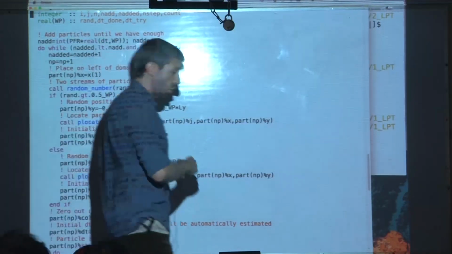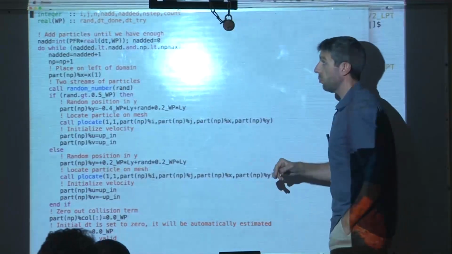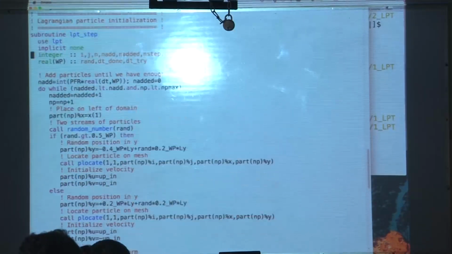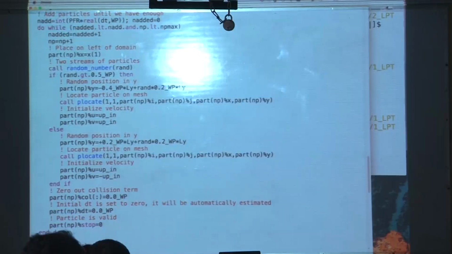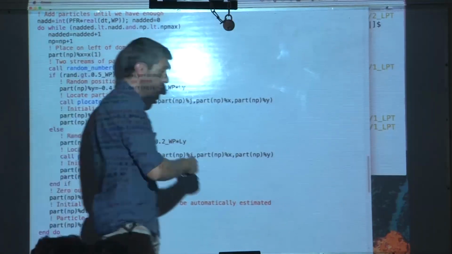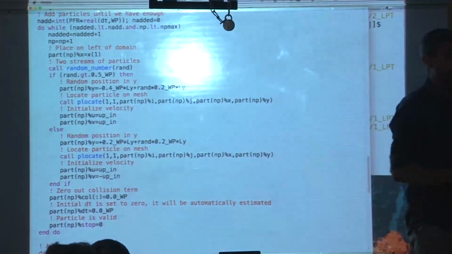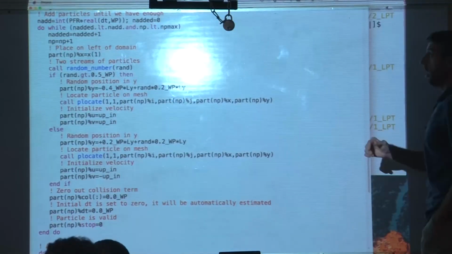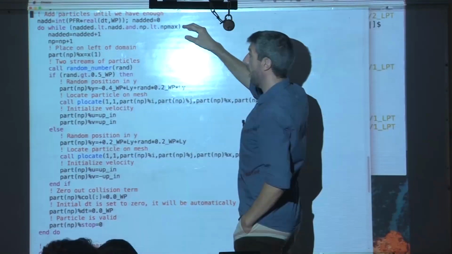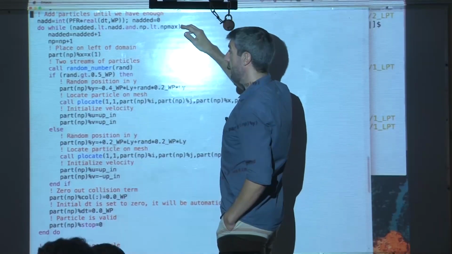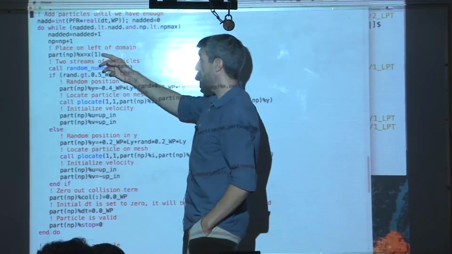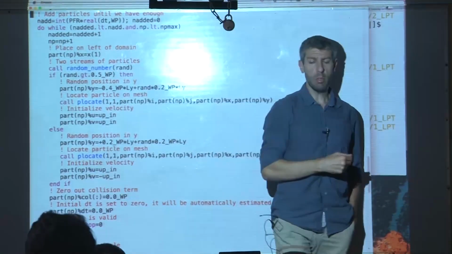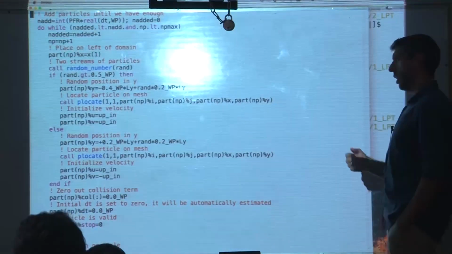This is the chunk of code in the LPT step, where at each time step we add particles until we've reached a sufficient number of particles. This is the do while where we keep adding until we've added enough. The particles will still be introduced on the very left of the domain. Then I draw a random number between 0 and 1. Now I'm realizing that I have a bug.